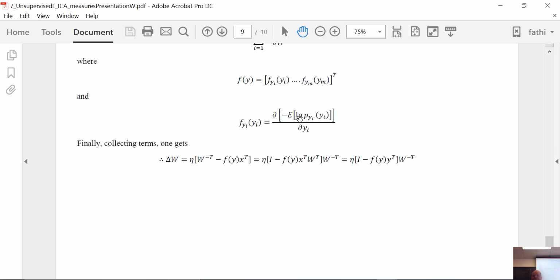So this expression, the natural log of py, is replaced by alpha absolute value of y. I get one form of this nonlinearity. Okay. So it turns out in the update law, you need this function f, and this function f will depend on your knowledge or assumption over the type of densities that you're seeking.